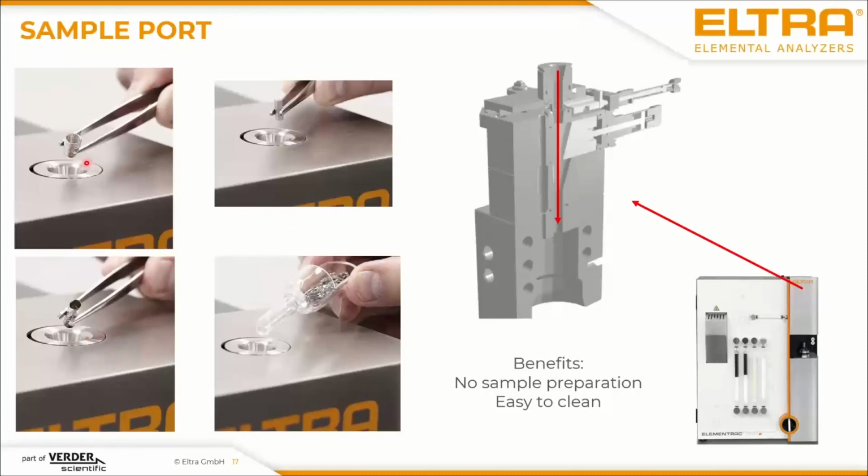Nickel additive is one of the recipes that ELTRA recommends in the application notes as well. So whatever you analyze, it may be powders, solid parts, granulates, or such a nickel basket with titanium inside. The sample port is very easy to access, just throw the sample in, and it will eventually be measured in the graphite crucible.